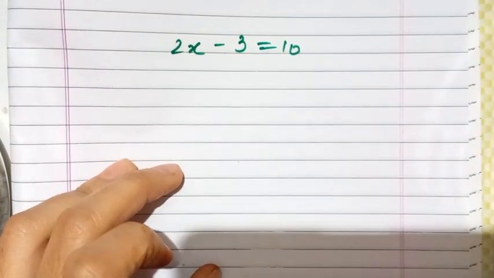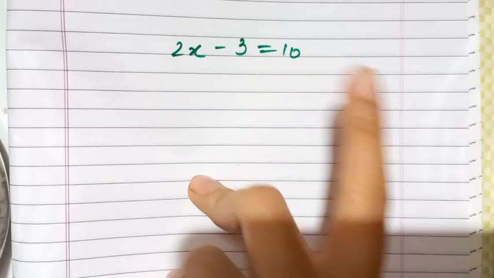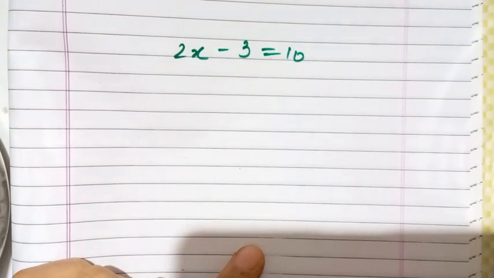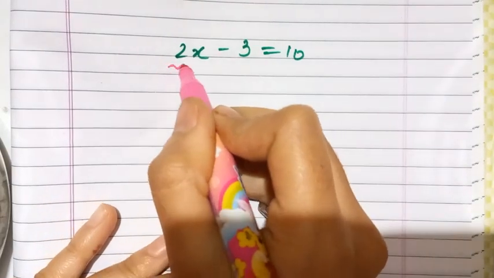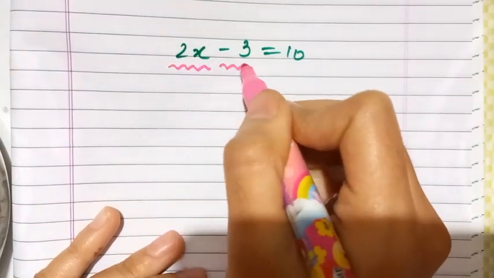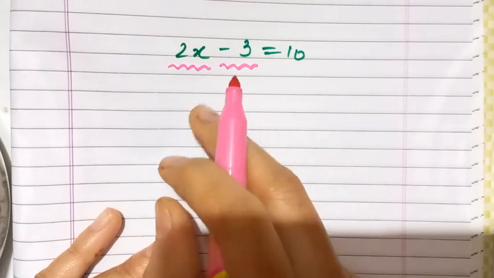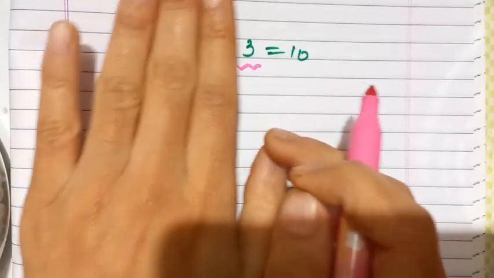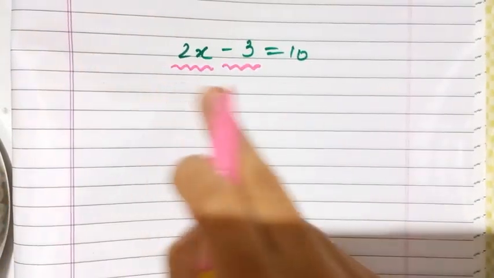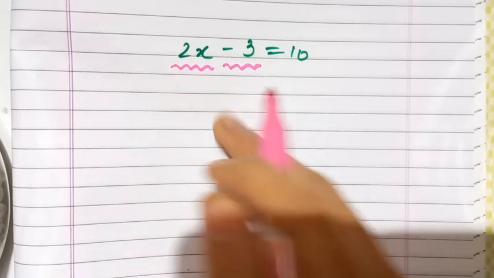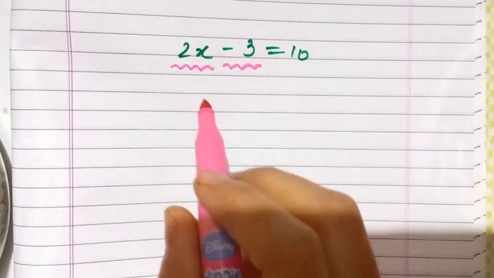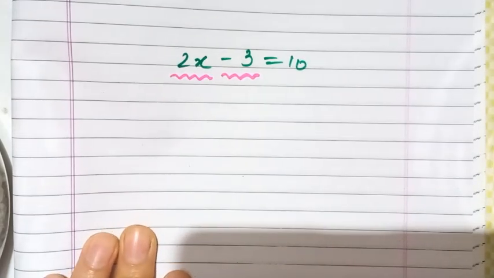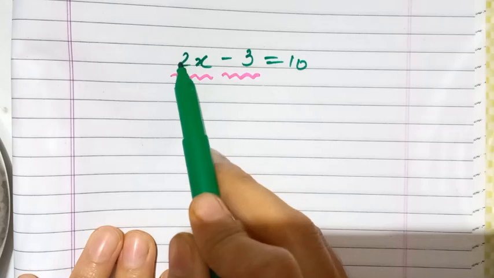We understood what an equation is. An equation consists of an equality sign. Let's see what a term is. This is one term, this is the second term. So this equation consists of two terms, and they are called terms. Now let's rewrite this equation. What is the relation between this 2 and x?